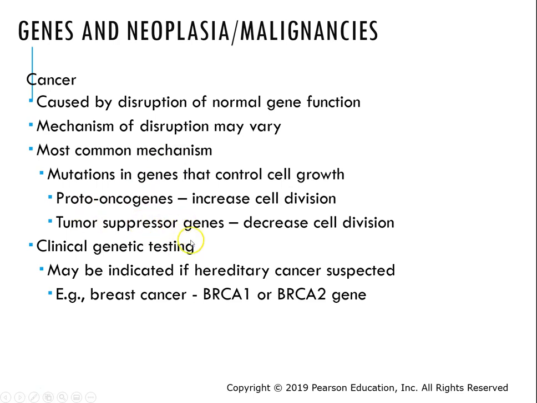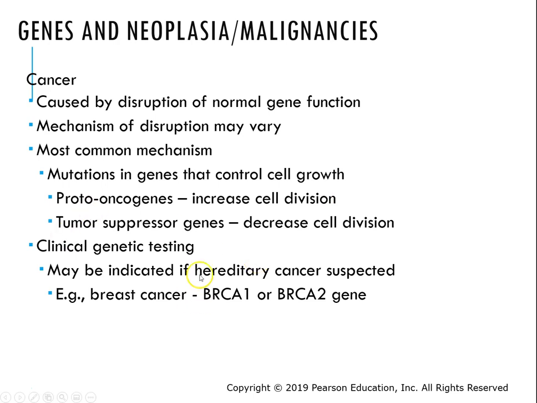There are also tumor suppressor genes, which normally will decrease cell division, because there are times where you need to slow down cell division. What happens with cancer is you have mutations in these genes that alter their function and can lead to overproduction of cells, or increased cell growth that's totally uncontrolled.